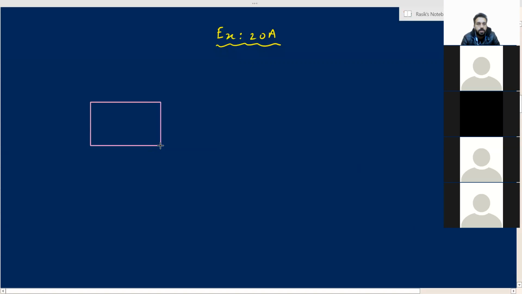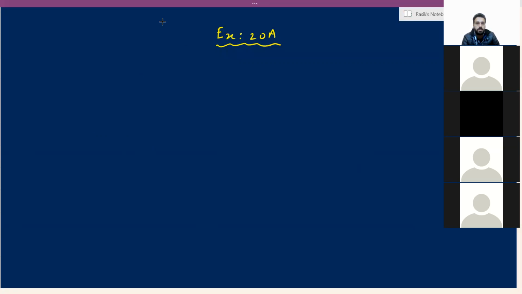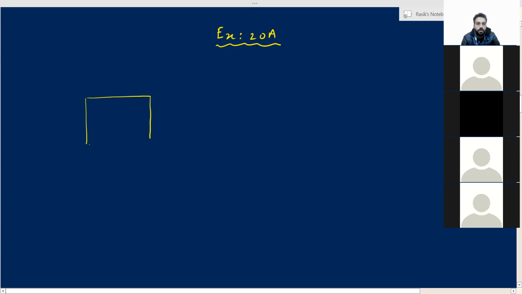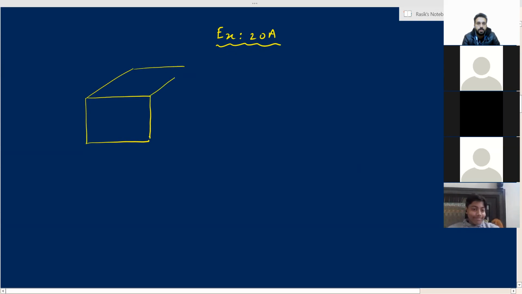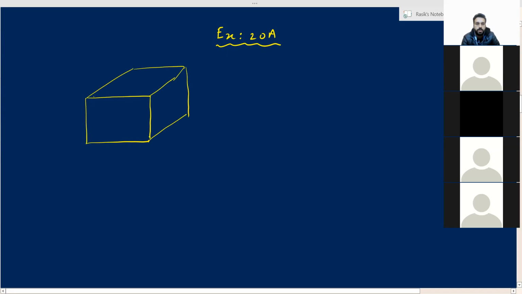Suppose there is a vessel. You are having a vessel. Suppose I kept it open from the top when there was a rainfall.